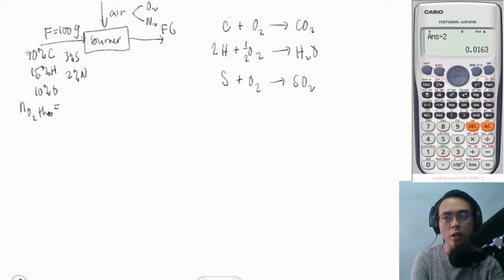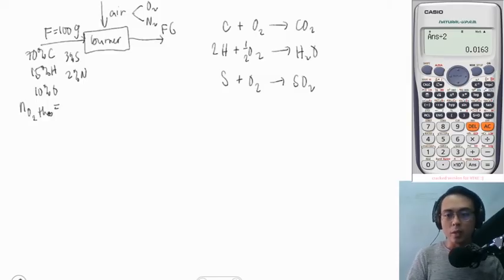Now, normally for sulfur, we go to SO2 and not directly to SO3 because the combustion of sulfur to sulfur dioxide is much more thermodynamically favorable than going straight to SO3 without a catalyst. Okay? So for the base case scenario, you always use SO2 as your product for sulfur. And lastly, nitrogen is assumed to be non-combusting. Okay, so we don't include that.